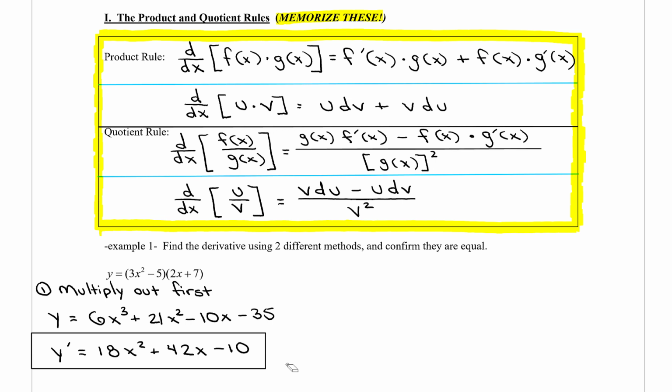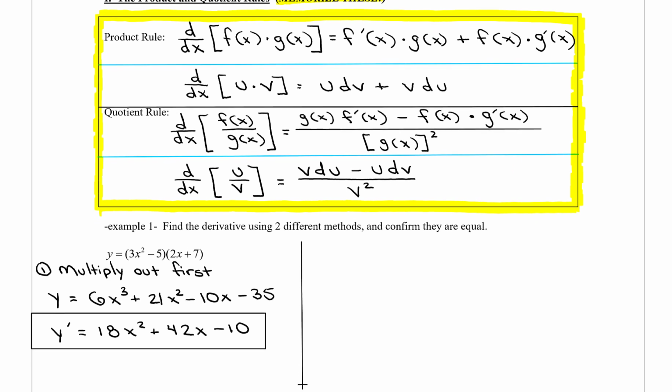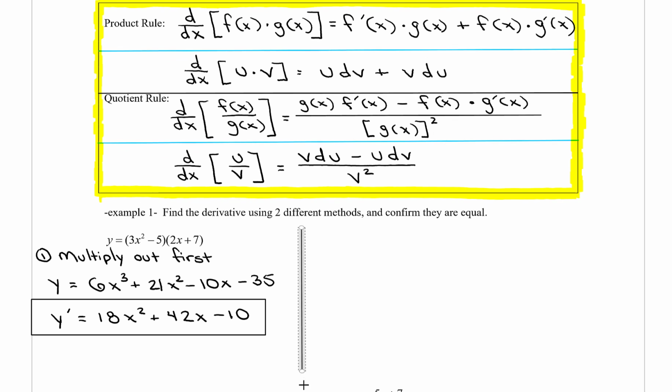Now if we take the derivative of this function, we're going to get y prime equals 18x squared plus 42x minus 10. I'm going to box in that function. I'm going to box in that derivative.